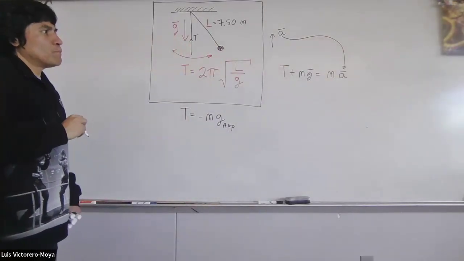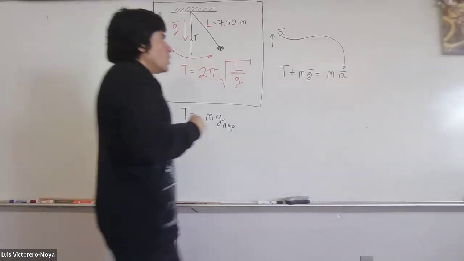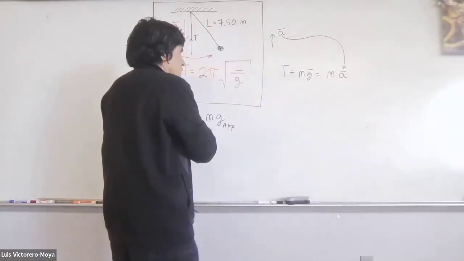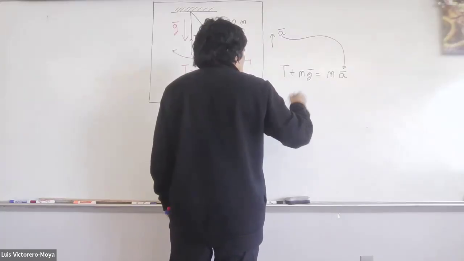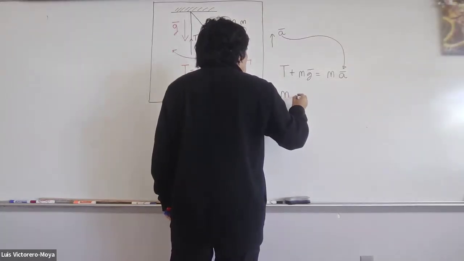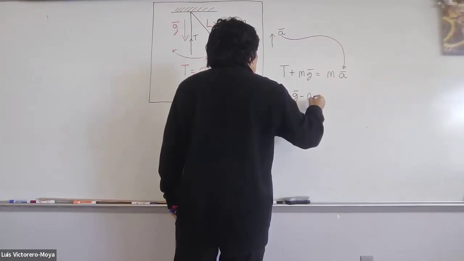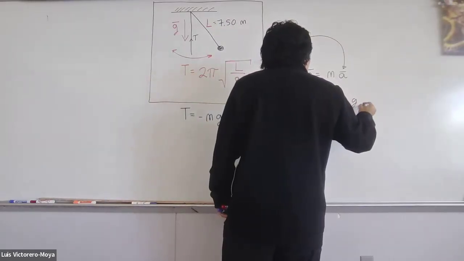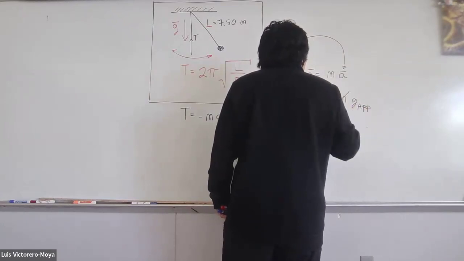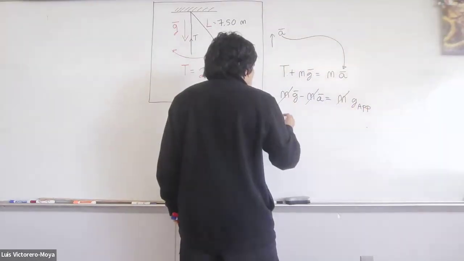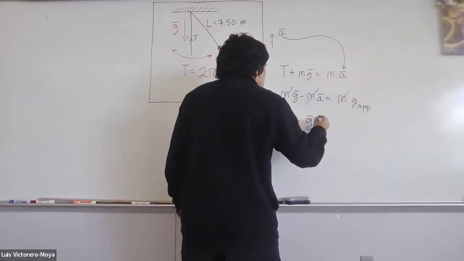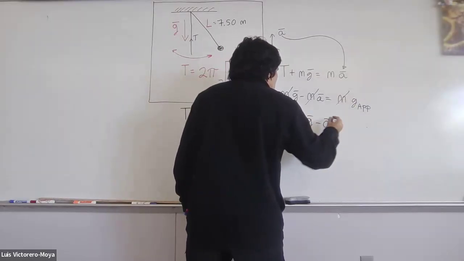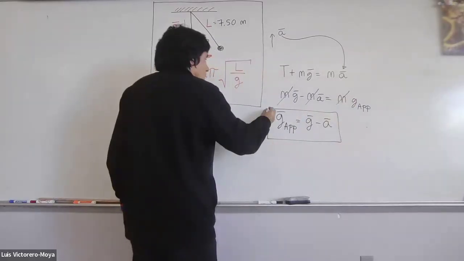That's Newton's second law. So T was this, so mg minus ma equals mg apparent. Mass cancels. So the apparent gravity is gravity minus acceleration. It's all in vectors there, by the way.